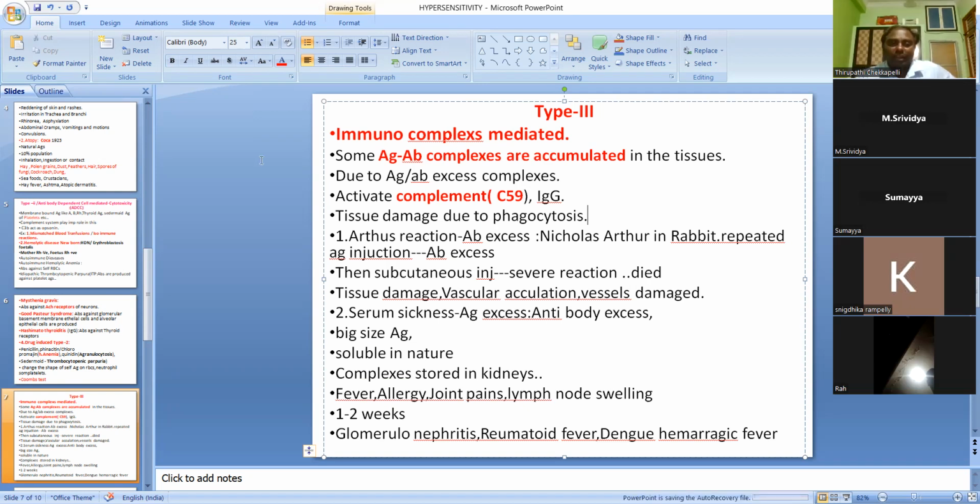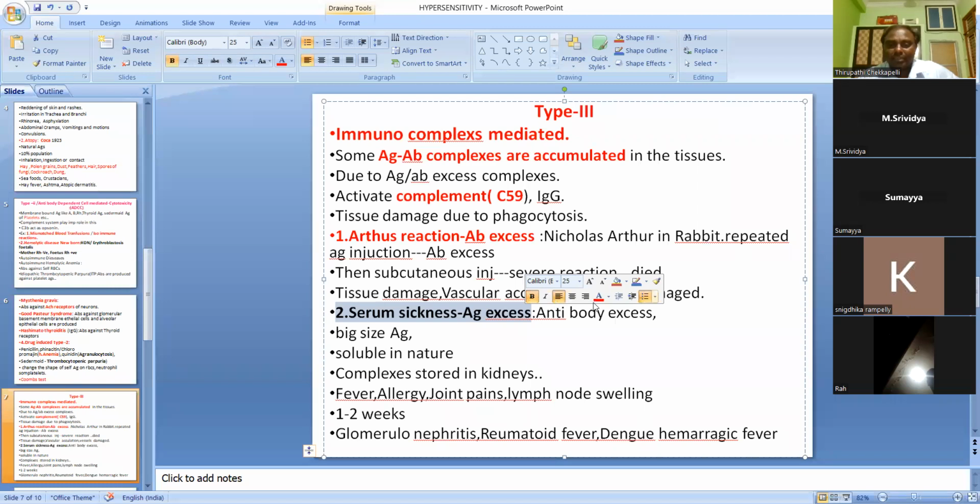Okay, so there are two kinds of famous experiments, or what we call the reactions in type 3 hypersensitivity reaction. One is Arthus reaction, the other is serum sickness. They ask these as examples. Arthus reaction is an example of type 3 hypersensitivity.